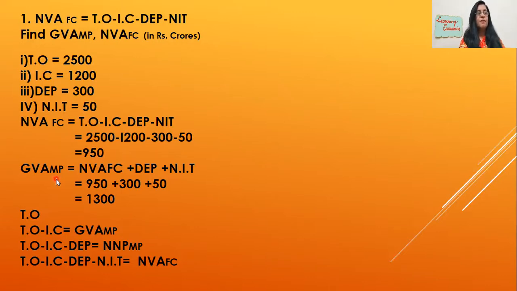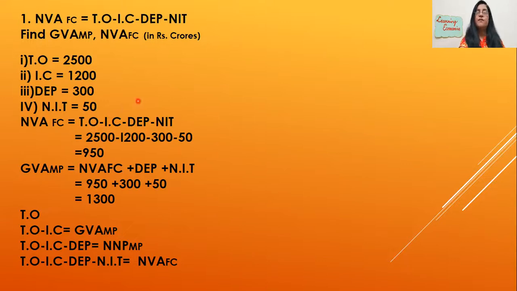When we have to calculate NVAFC, there are two methods. First, we can deduct total output minus intermediate consumption and we'll get GVAMP. This is also a method, because in the previous slide I showed you the steps, and I had told you that when we deduct intermediate consumption from total output, it is GVAMP.